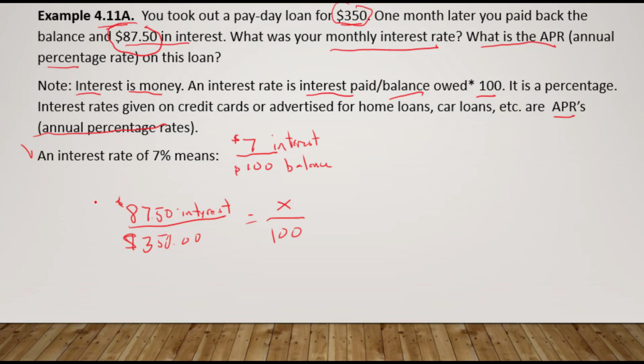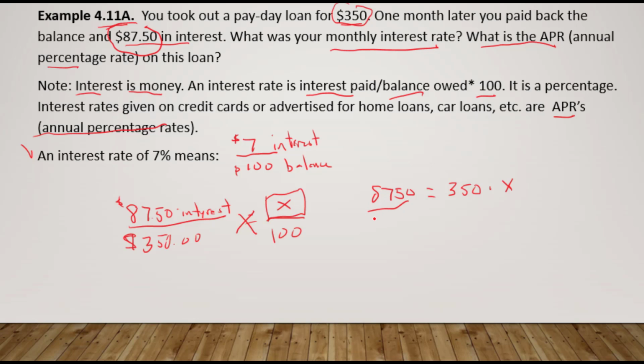So it's just a proportion. So I'm going to cross multiply, and I'm going to get 8750, put it in your calculator, equals 350 times X. And X is the number that's going to go here.